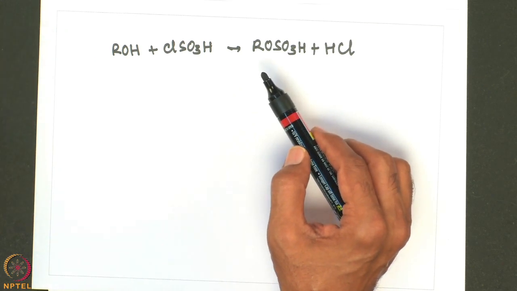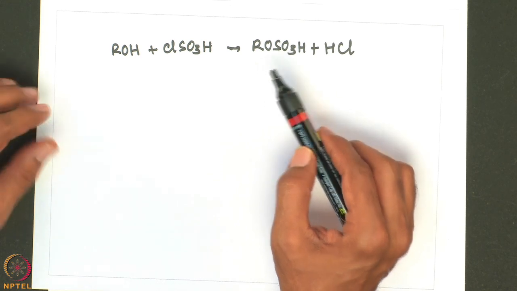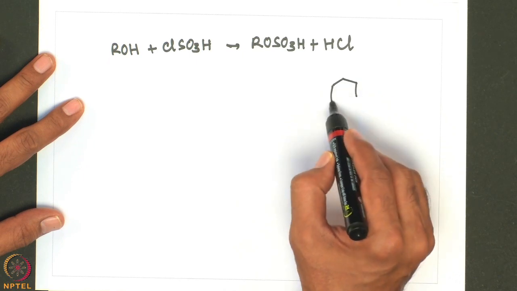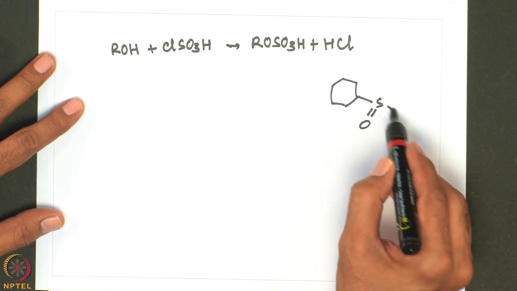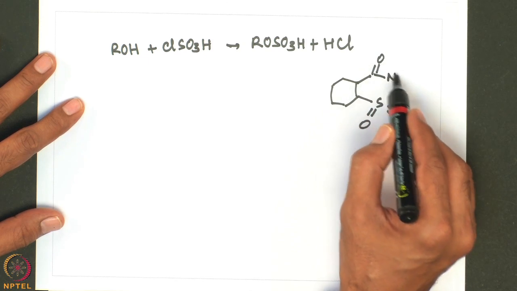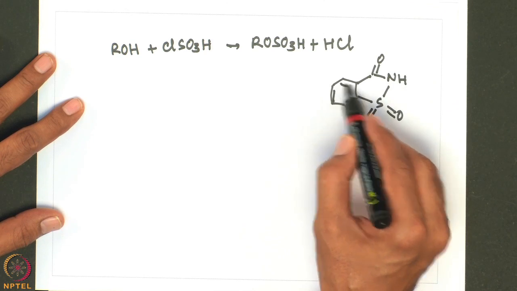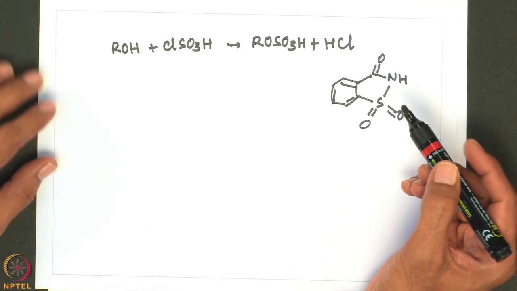An early synthesis of saccharin begins with the reaction of toluene with chlorosulfonic acid to give ortho and para toluene sulfonyl chloride derivative, and this one was so prepared for the first time in 1879.